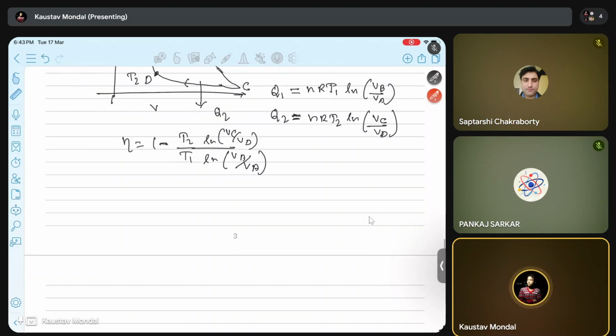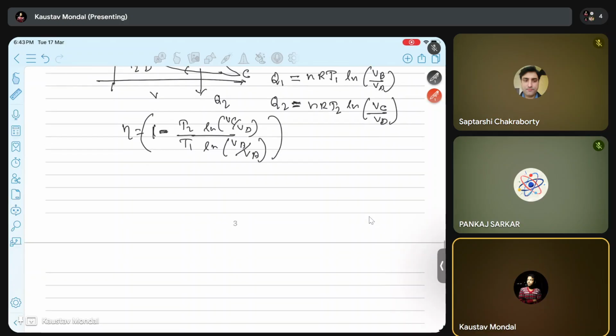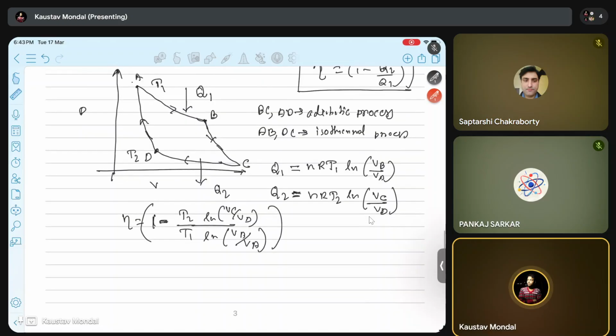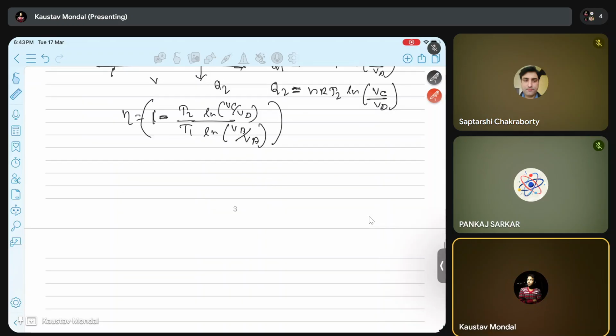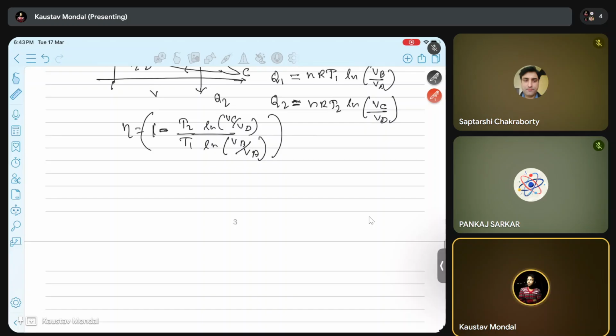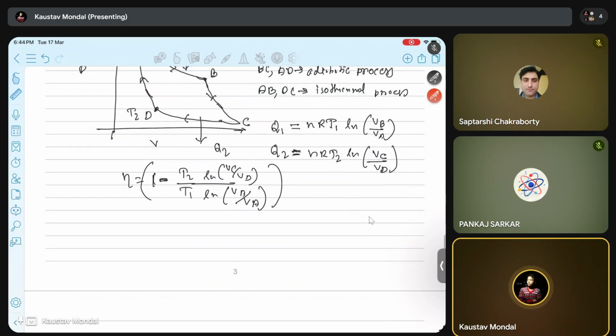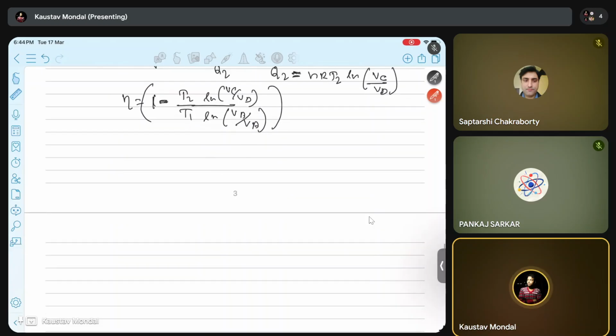For the case of an ideal gas or an ideal process, since these two processes are adiabatic, the temperatures are related by the adiabatic relation between T1 and T2. We already knew that, so we can use that formula for an ideal process.